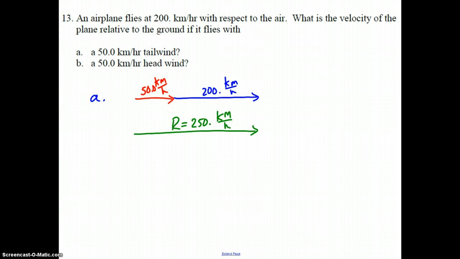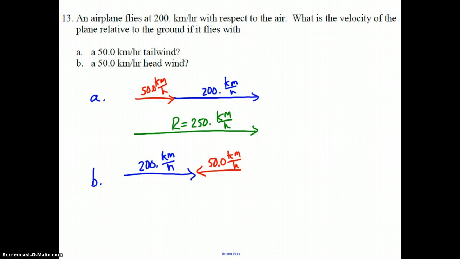For B, we have the plane once again at 200 kilometers per hour. But this time, the plane experiences a 50 kilometer per hour headwind. That means the wind is blowing at the nose of the plane in the opposite direction of the motion of the plane.